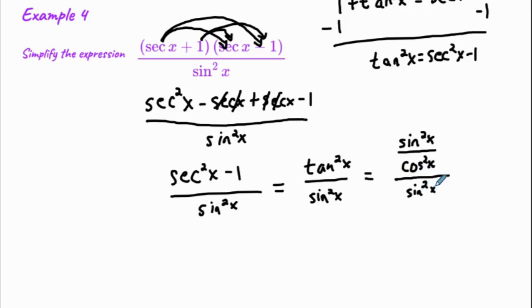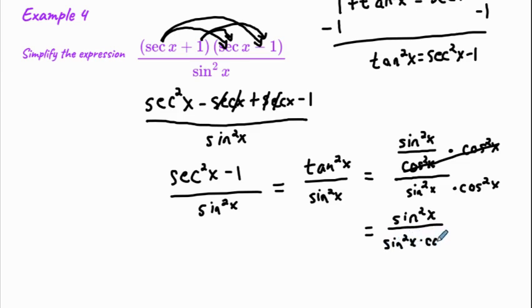Now what we have here is a complex fraction. So let's simplify the denominator of the complex part. I'm multiplying top and bottom by cosine squared. This will cancel out, and I'll be left with sine squared x in the numerator, and sine squared x times cosine squared x in the denominator.